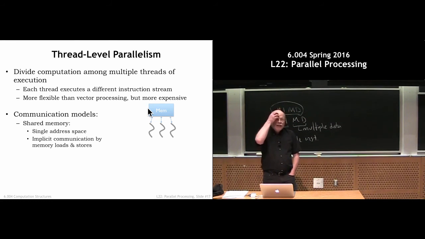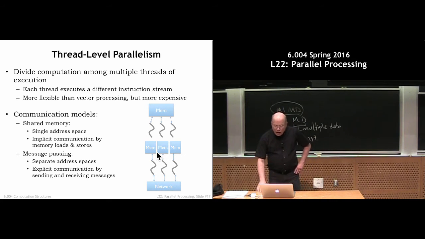The message passing parallelism turns out to be used in the new Intel Knights Landing processors with, I forget how many it is, 64 processors or 76 or something. They start using message passing rather than a big shared memory. Okay, but we'll talk about a shared memory machine or message passing, where everybody basically sends things across a network.